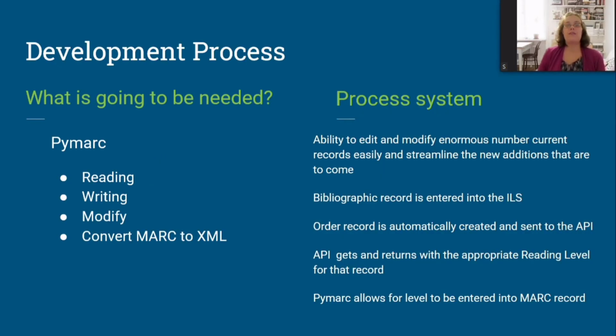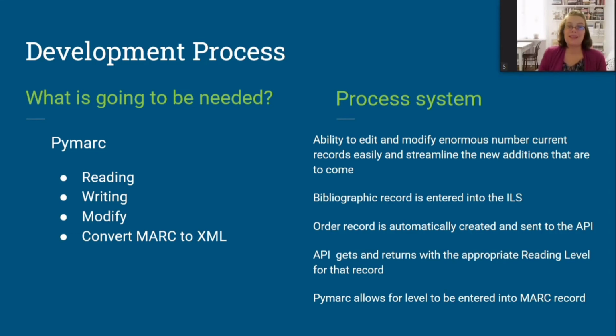So there is a development process needed for this API. So we're going to need for this API to be able to use PyMARC. PyMARC allows the API to communicate with the ILS. PyMARC will allow the API to write, read, modify, and convert MARC records.